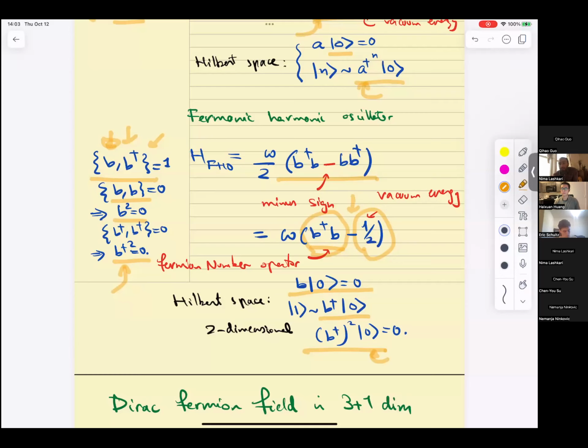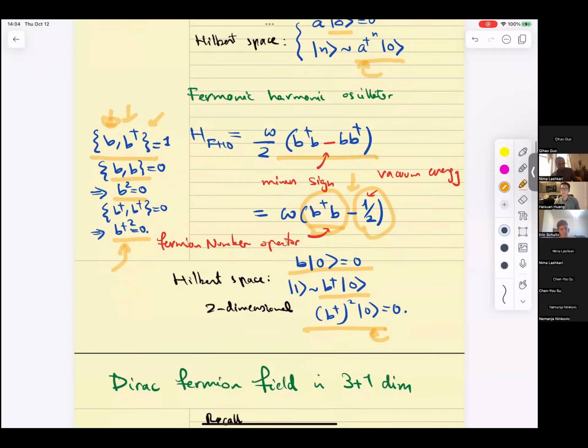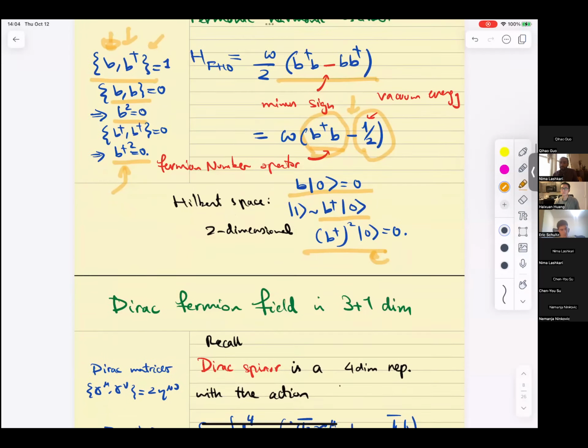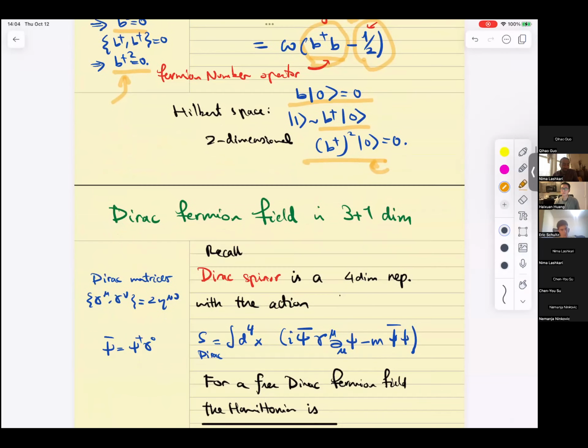So the Fock space will basically be a tensor product of a whole bunch of harmonic oscillator Hilbert spaces, each corresponding to a momentum mode. Here we're going to end up with a qubit for each momentum mode, right? Is that clear? It's actually more than a qubit, but we'll see, because it's a representation theory statement.